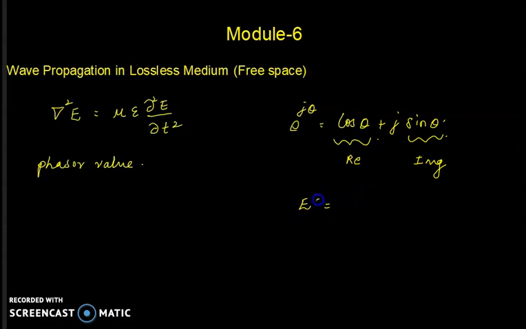So let us take E of x comma t. E is a function of x comma t, because the electric field is a function of the space coordinates and time, that is equal to the real part of E of x e power j omega t.